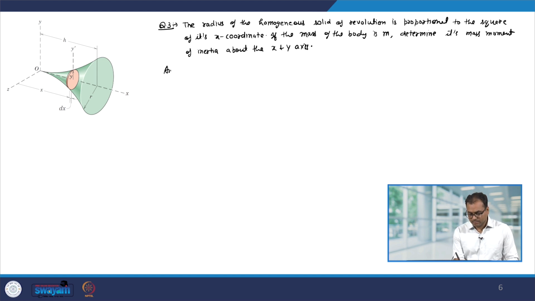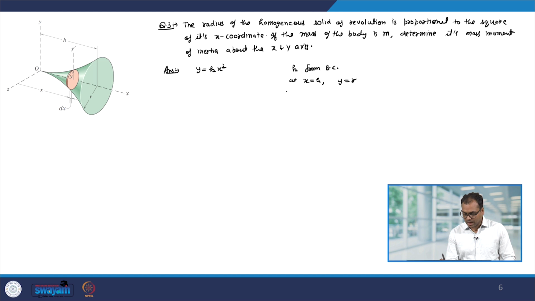In this question, it is given that y varies as the square of the x coordinate. So, let us take y equal to k x square, and k I can find out from the boundary condition. Okay. It is given that at x equal to h, y is equal to r. Let us put it in the equation.